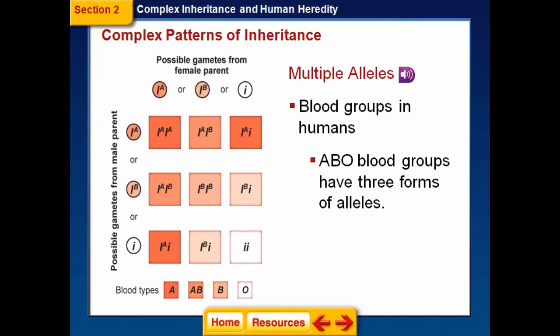So that is why somebody can be AB, B or A. In order to be O type, the person has to have both alleles being the O type, since it is recessive. And what's interesting is that the majority of people do have type O. So even though it's recessive, it is the most common trait.